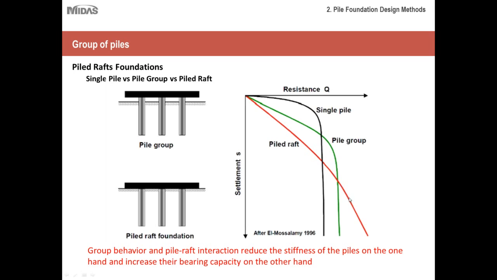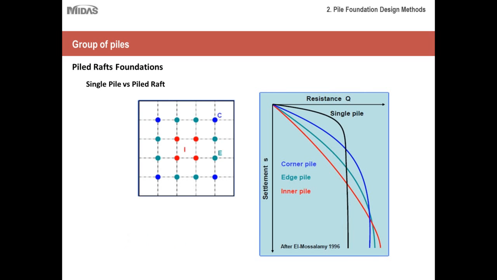But what you should note here is that there is no failure whatsoever in a pile raft foundation. So the secret of pile raft behavior is that it reduces the stiffness of the pile group on one hand, and on the other hand it increases the bearing capacity of the entire system. Therefore, a pile raft foundation is able to sustain more loads without going into excessive settlement or relative settlement, and yet transfer the loads from the superstructure to the stable strata underneath it.